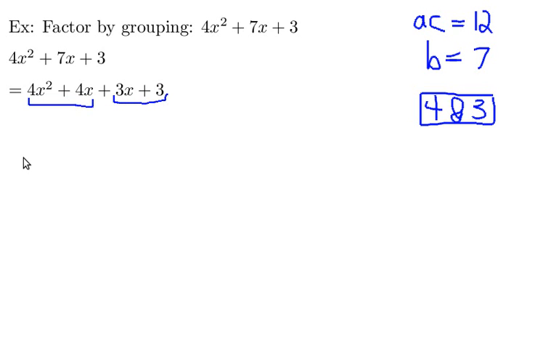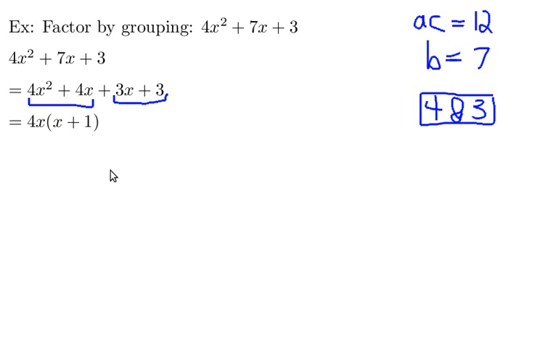So this is equal to 4x times x plus 1 for this first term. You can check that by distributing. 4x times x makes 4x squared. 4x times 1 equals 4x. Don't forget, once again, I said this before, when you pull out the 4x, there's an understood 1 right there.